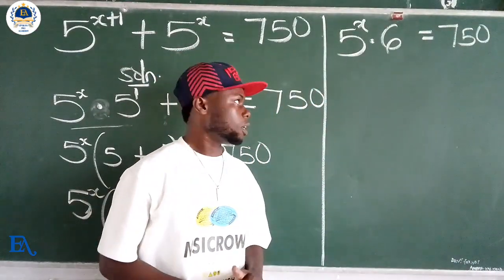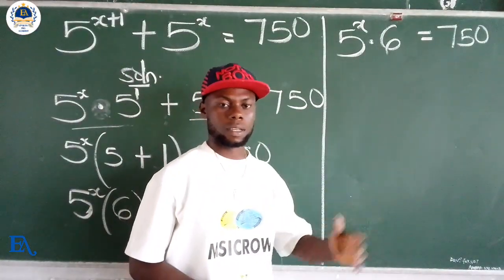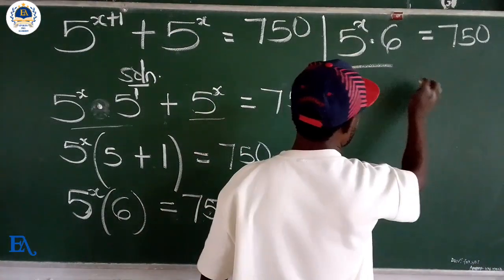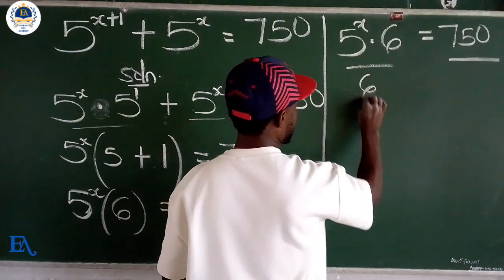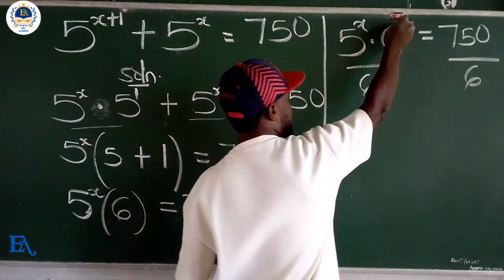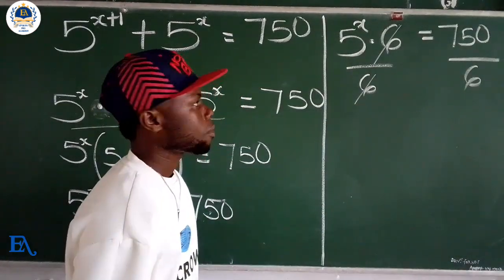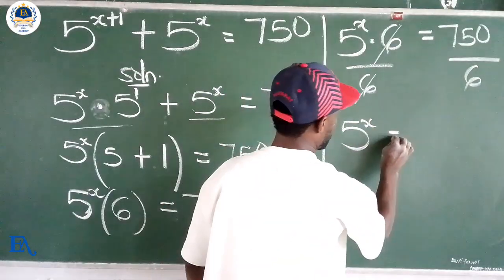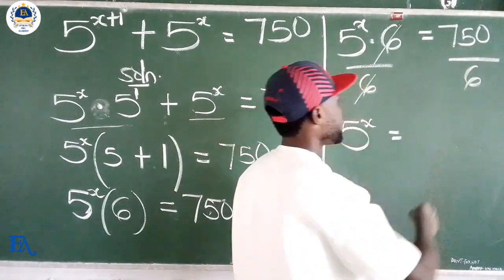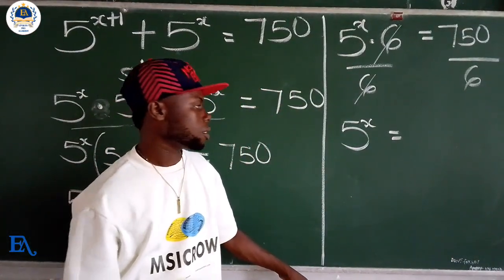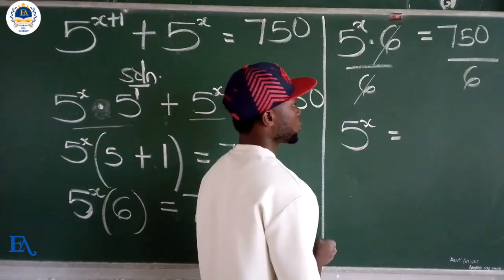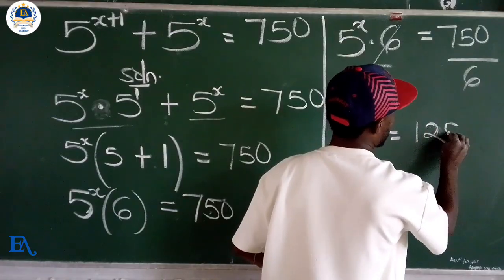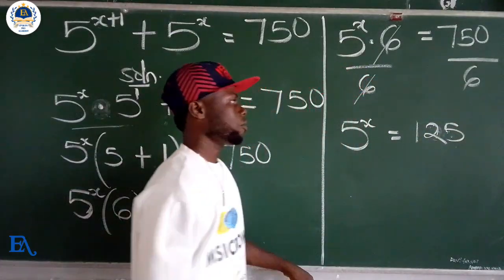The next stage is to divide both the left and the right hand side of the equation by 6. 6 cancels 6, and we are left with 5 raised to the power of x. 5 raised to the power of x yields 750 divided by 6, which is equal to 125.